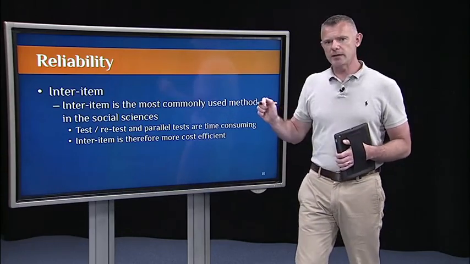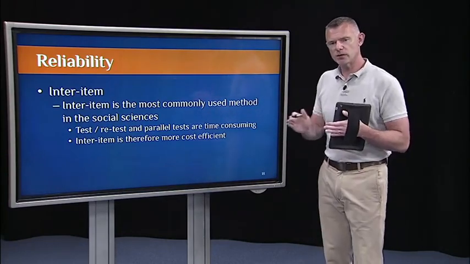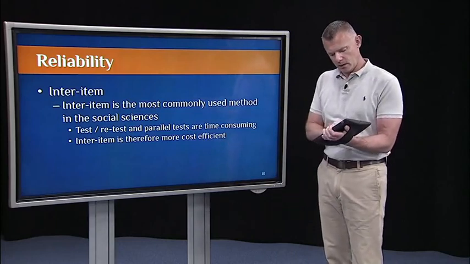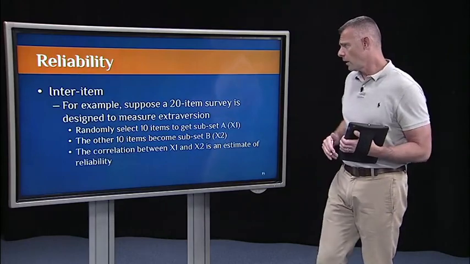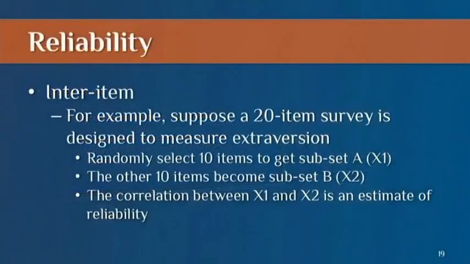So let's go back to the idea of the personality surveys and assessing extraversion. Suppose we had a 20-item survey that was designed to get at extraversion or agreeableness or any one of the personality traits. What's typical is we'll administer several questions that get at each personality trait.